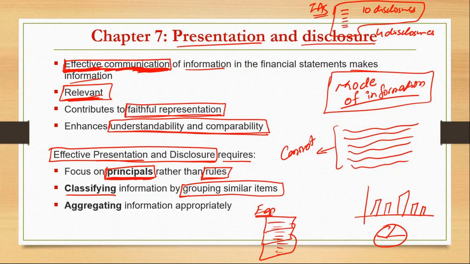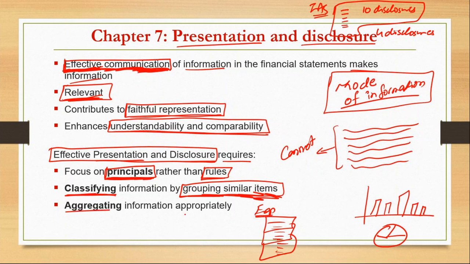And if we think that the breakup would be helpful, then a sub note, a further disclosure of that should be given rather than writing all 40 items in a single disclosure. So we should be classifying information properly by grouping similar items rather than writing them separately.